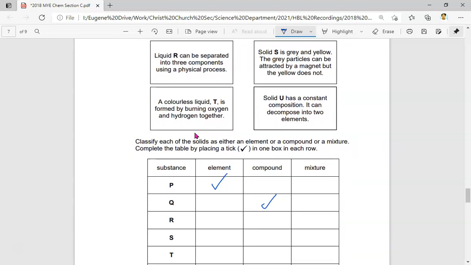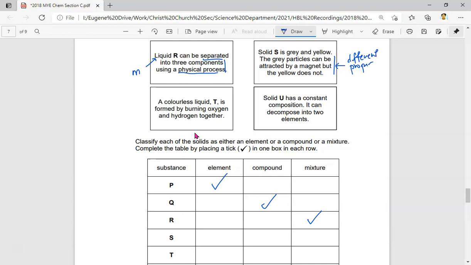Okay, next one, R can be separated into three components using a physical process. So if I can separate the components using a physical process, liquid R must be a mixture. Solid S is gray and yellow. Okay, gray particles can be attracted by a magnet, but yellow does not. So what you realize is that they have different properties.